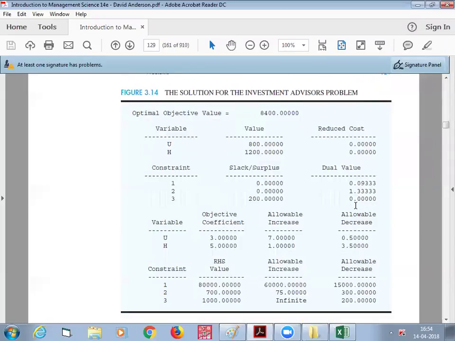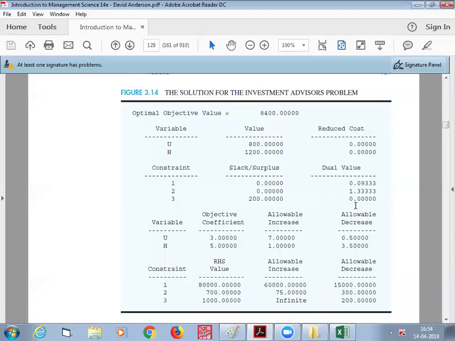So what is our optimal solution? U equals 800, H equals 1,200. This tells us that the optimal number of shares of US Oil is 800, the optimal number of shares of Huber Steel is 1,200, and the optimal return is $8,400.